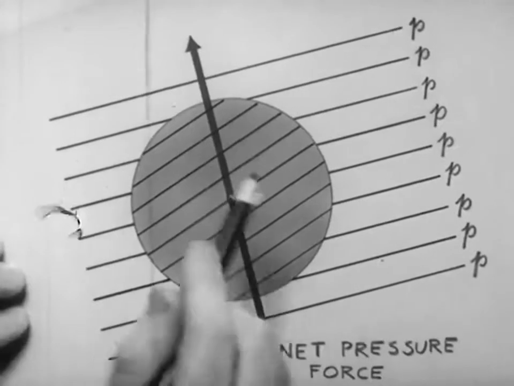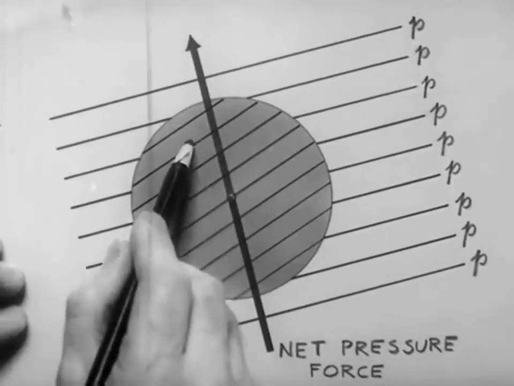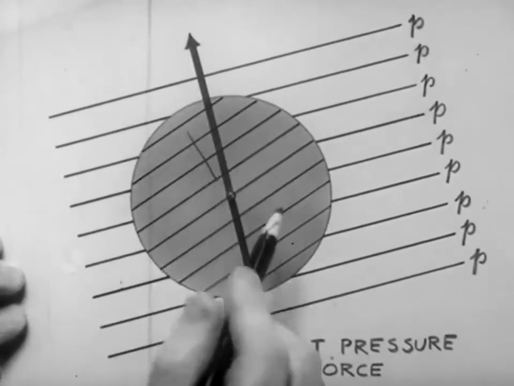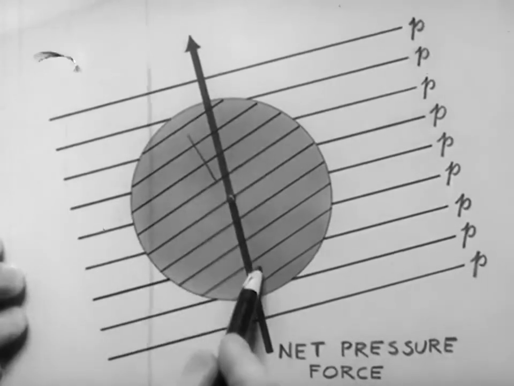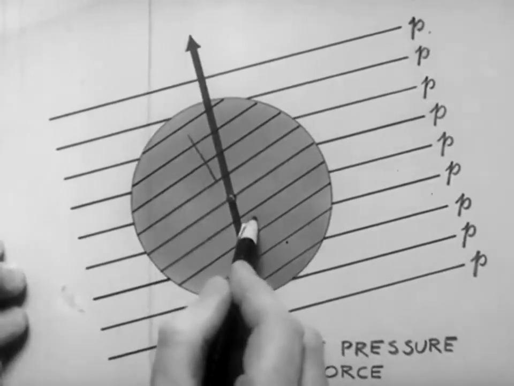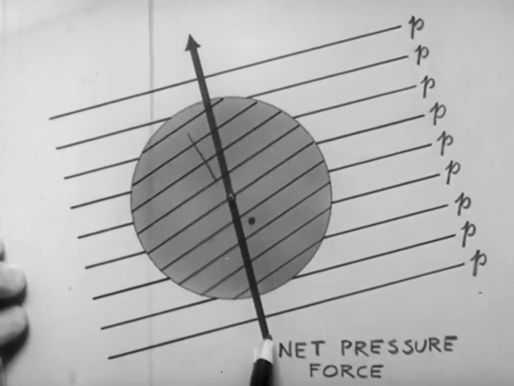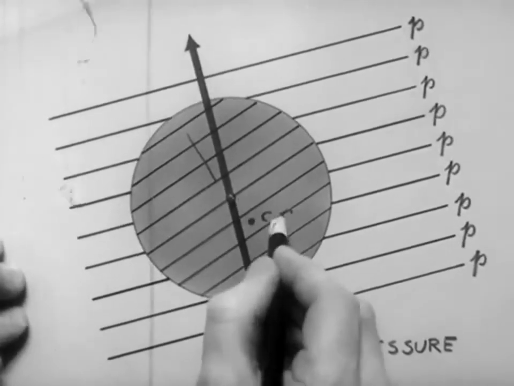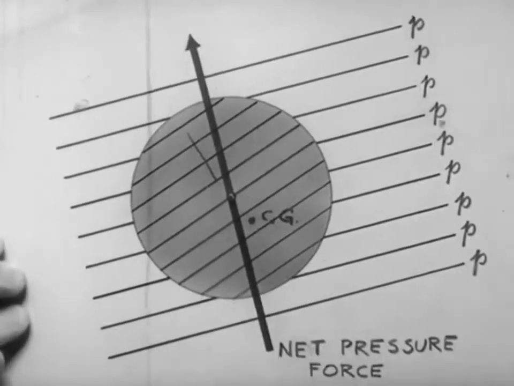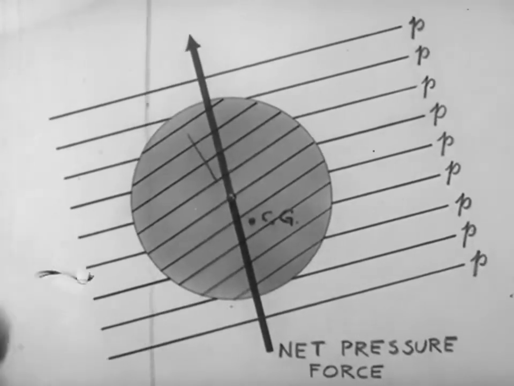Then the center of gravity of the particle lies on this diameter, and if the density is variable, the center of gravity will no longer lie on the line of the net pressure force, so that this force may produce a torque about the center of gravity, and in that way change the circulation.